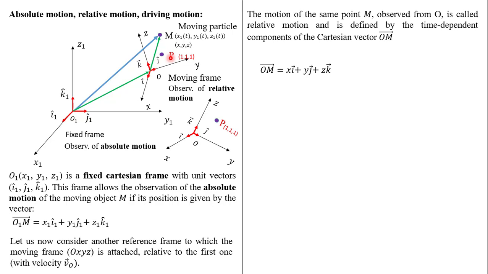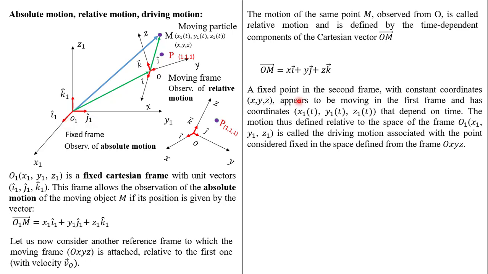So the child has a fixed position in the truck, but as the truck is moving, the child will have the same coordinates as seen by an observer at O, but this child will have changing coordinates as seen by an observer on the ground, for example, at O1.